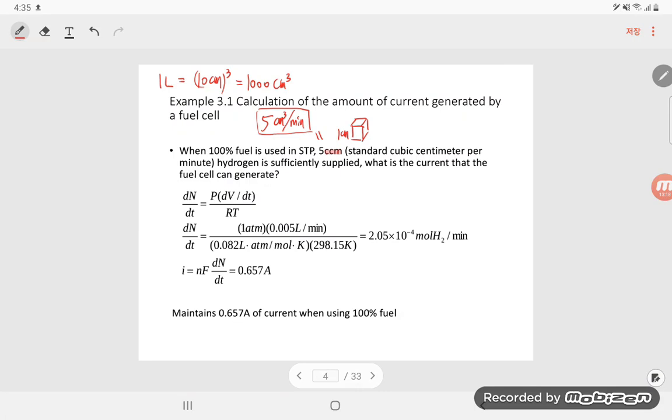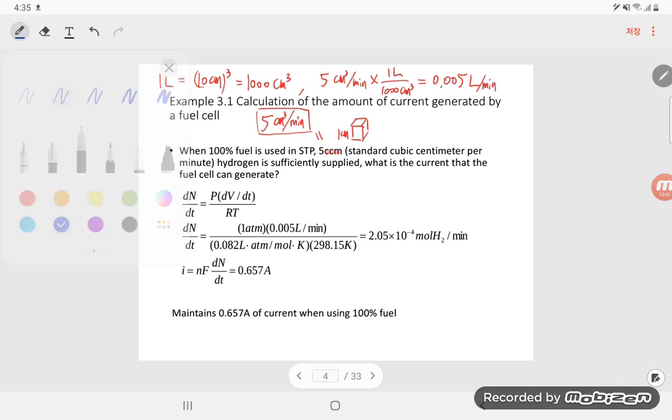To convert to the liter unit, 5 cubic centimeter per minute, and we want the liter, and 10,000 cubic centimeter, that means 0.005 liter per minute. And we define L per minute as LPM. So remember this.